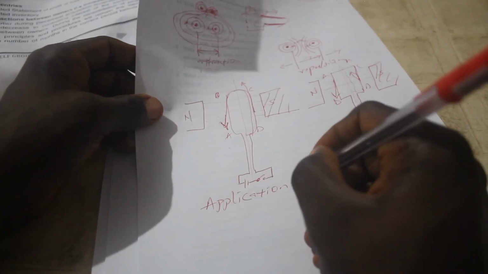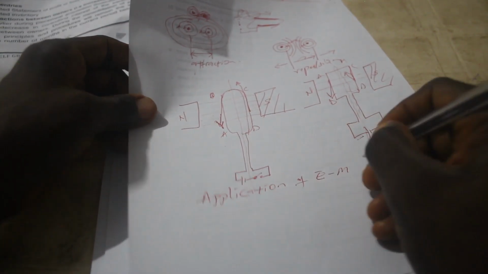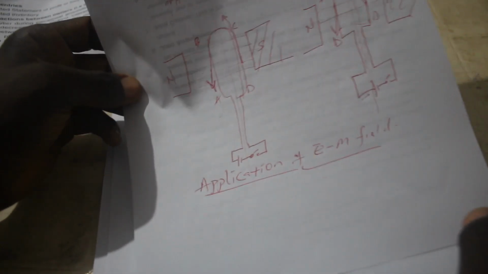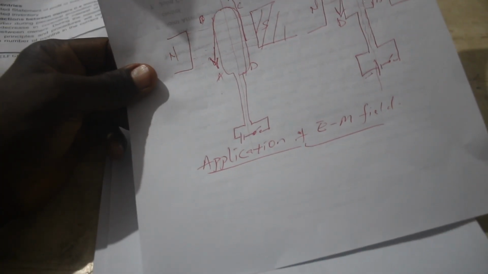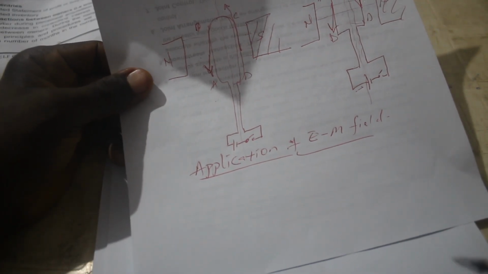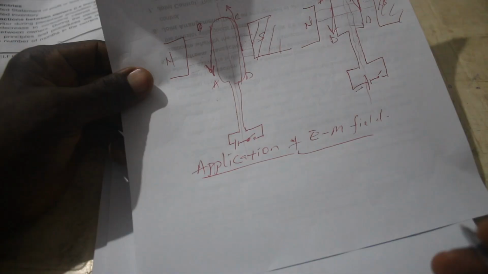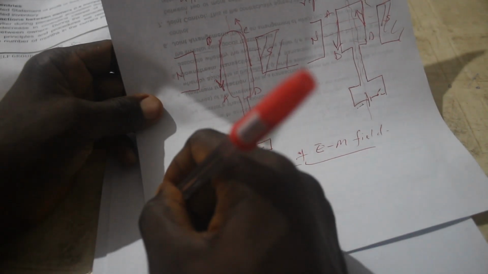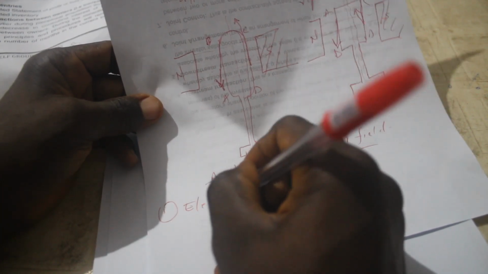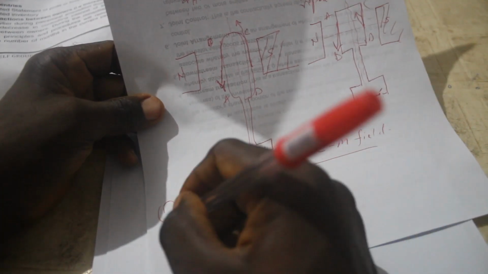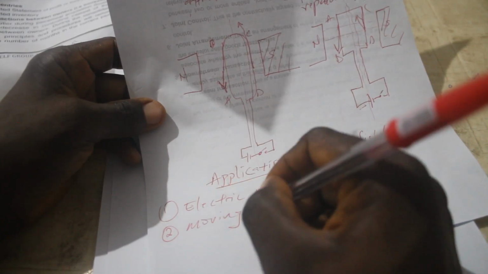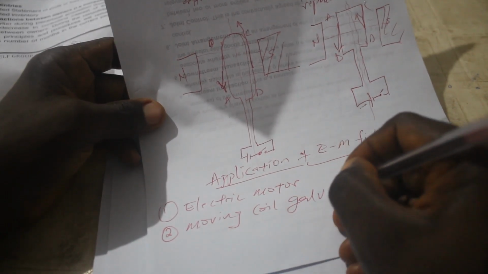The electromagnetic field finds its application, number one, in the electric motor, and then two, we have the moving coil galvanometer.